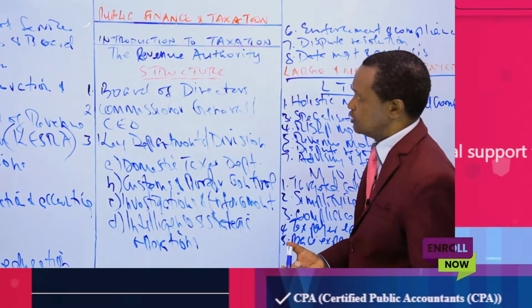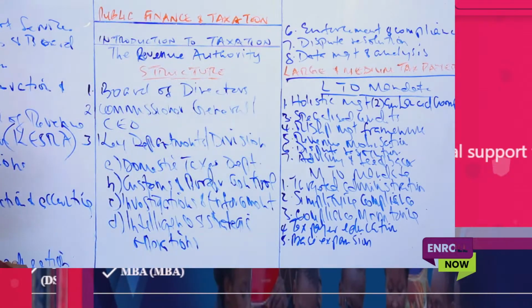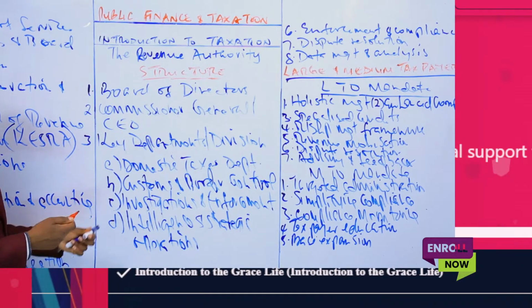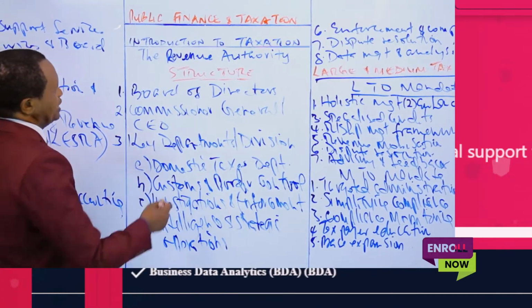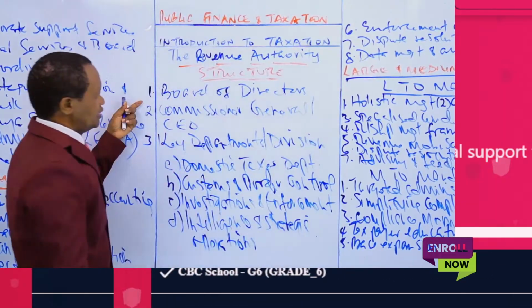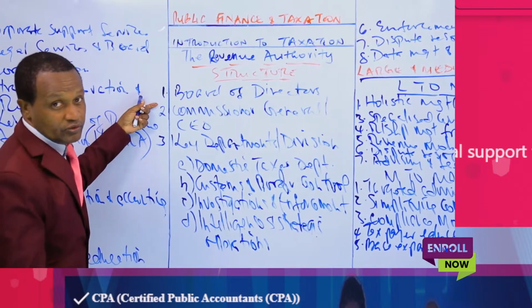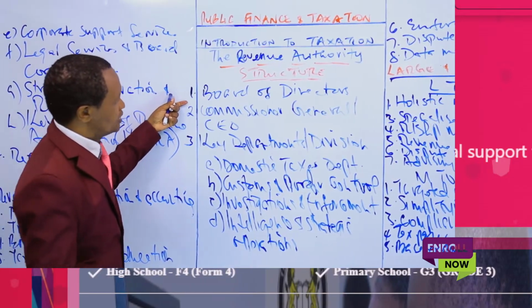So that is the end of the lesson and the end of the chapter on introduction to taxation. In this lesson, we covered the Kenya Revenue Authority. We looked at the structure. Under the structure, the organization structure comprises the board of directors.